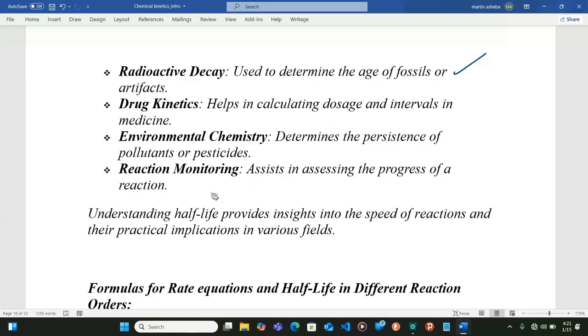If the half-life is longer, then maybe the reaction is very slow. If we have a very short period of time, then the reaction is very fast. So understanding half-life provides insights into the speed of reactions and their practical implications in various fields.